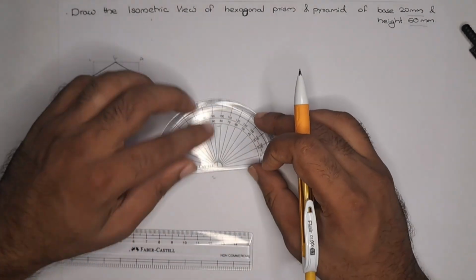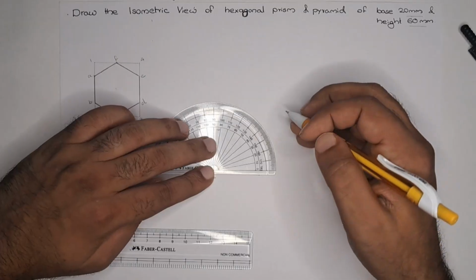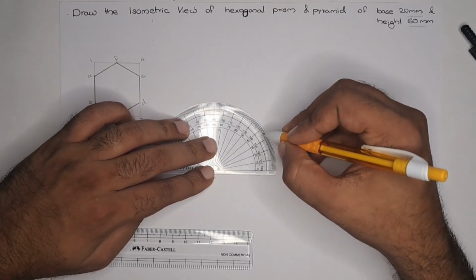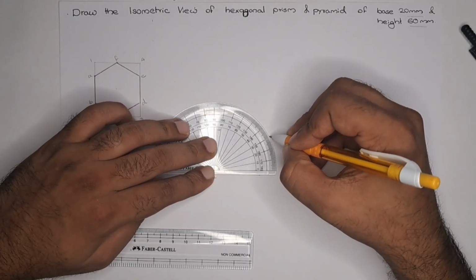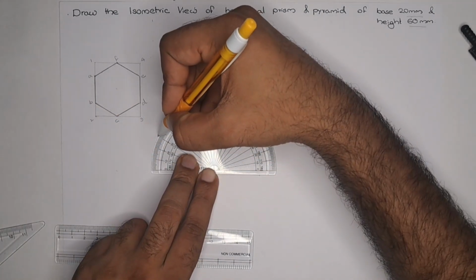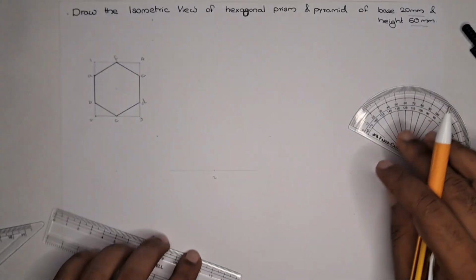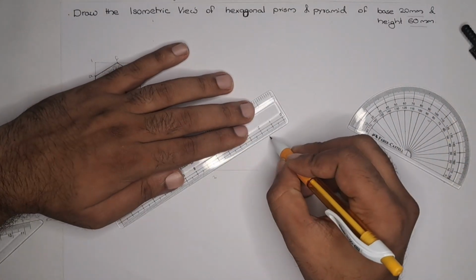Then we take 30 degrees on both sides. Now connect the lines.